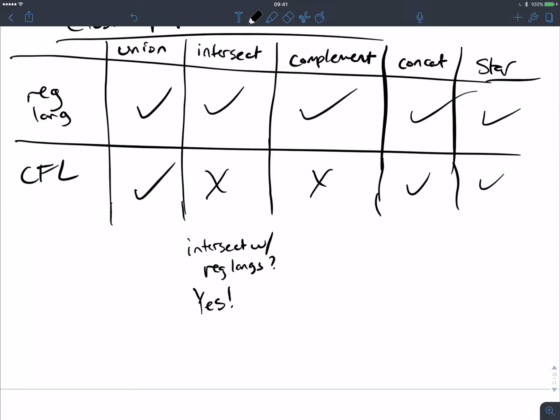Let's record it. So the idea is intersect a PDA with a DFA, then do exactly the same product construction as before, except the only difference now is for the stack component in the product PDA.